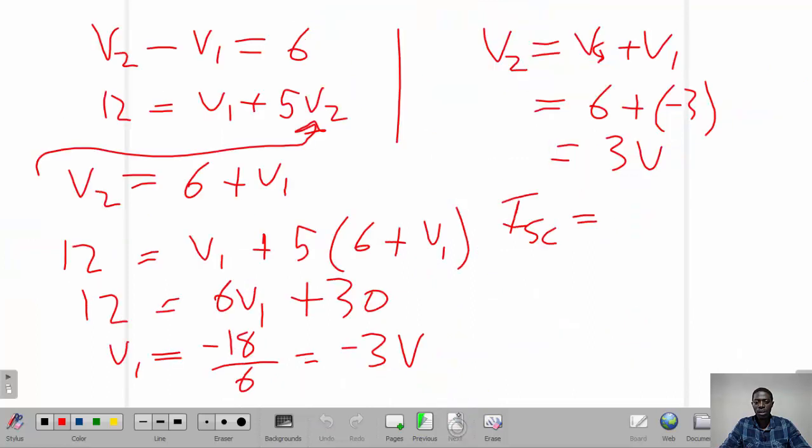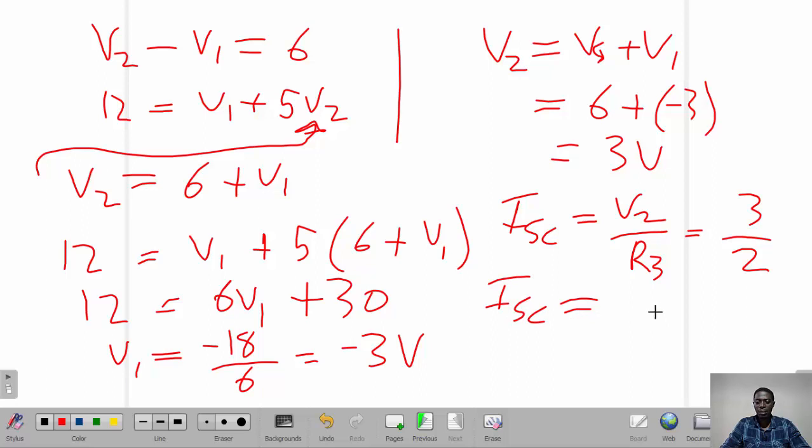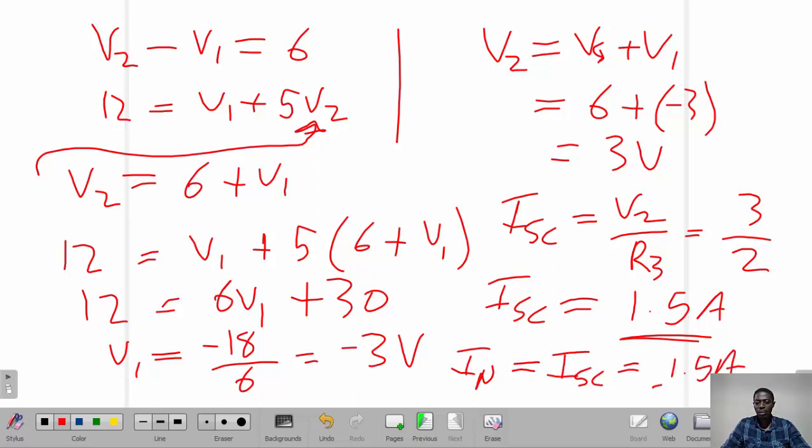So the short circuit current is V2 over R3, which is 3 divided by 2, and this gives us 1.5 amps as our short circuit current. Now, the Norton's current is therefore equal to the short circuit current, which is simply 1.5 amps.